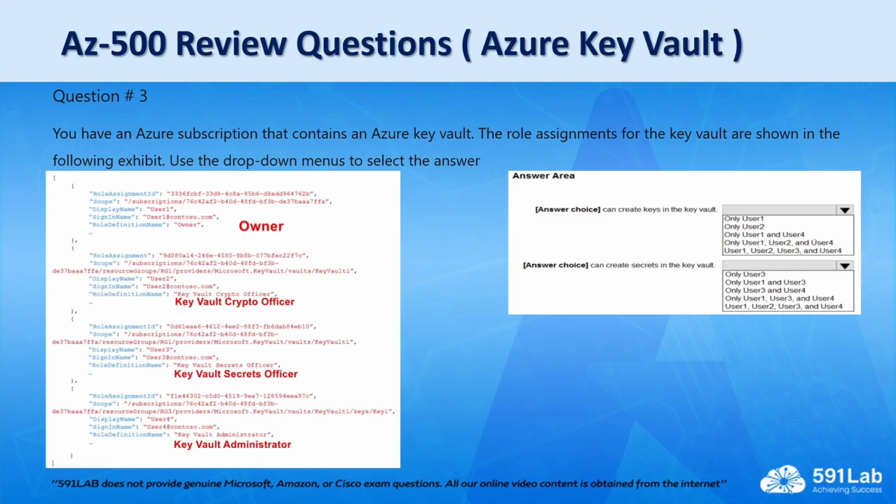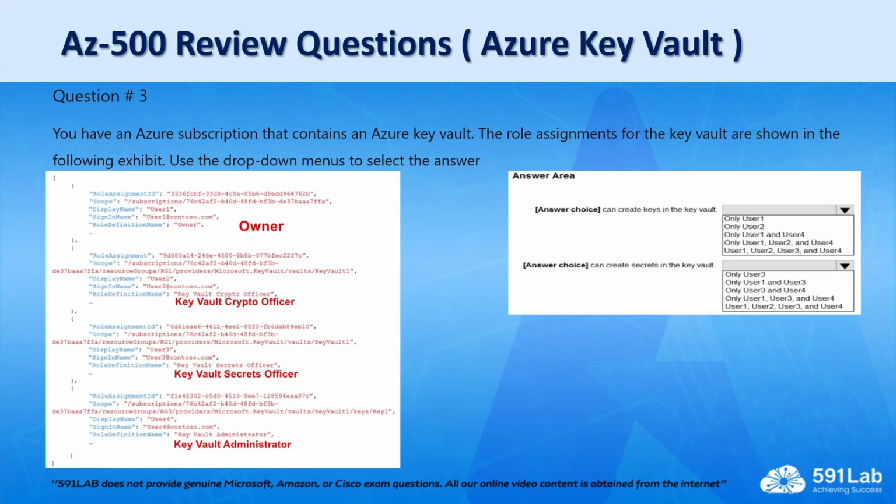So we know user 2 has the Key Vault Crypto Officer access, which means that user 2 can play with the keys, but it cannot do anything with the secrets. And here the question says can create secrets in the Key Vault. So we should go with user 3. So the answer for the second option is user 1, user 3, and user 4.